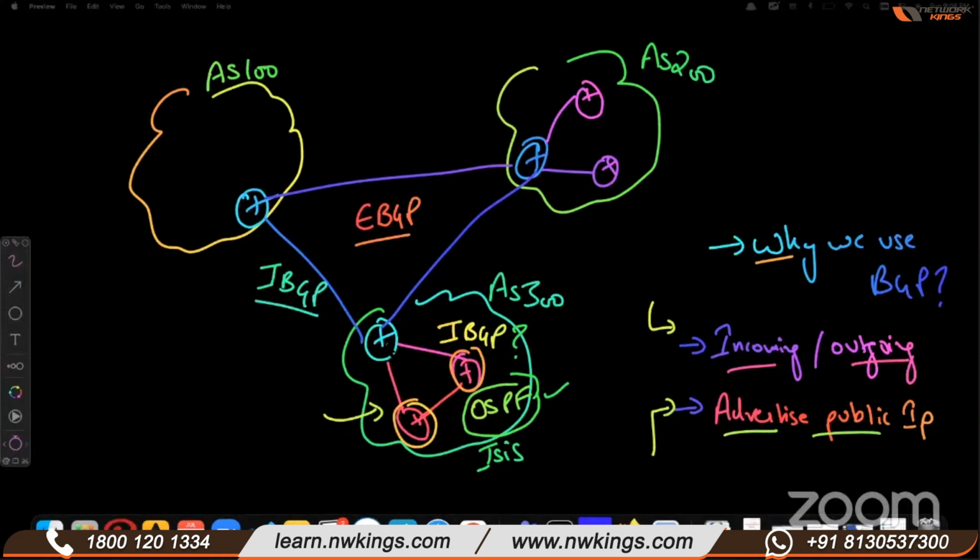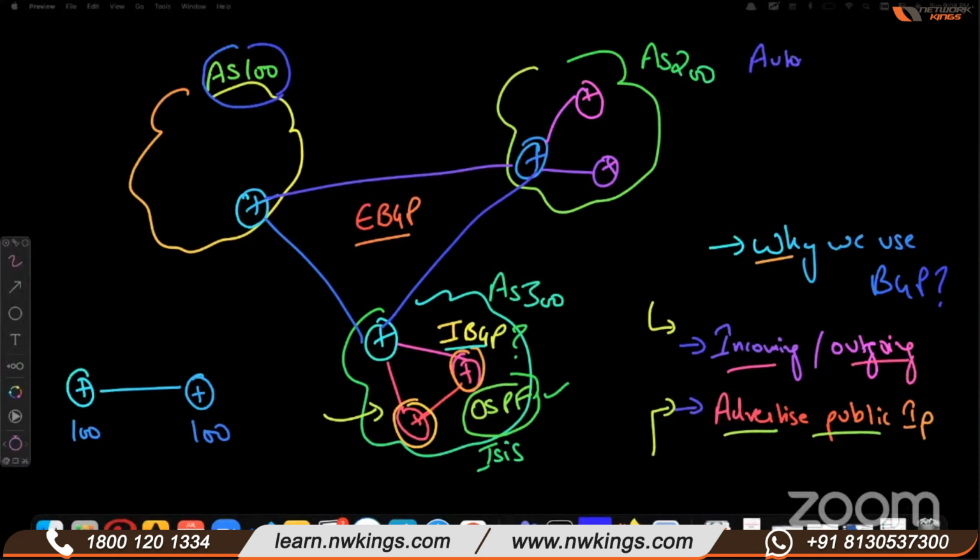IBGP should have the same AS number. IBGP means internal BGP. When two routers have same AS number, like 100, then only you can run IBGP. It means all companies have their own unique AS number. What is this AS number? This is called autonomous system.